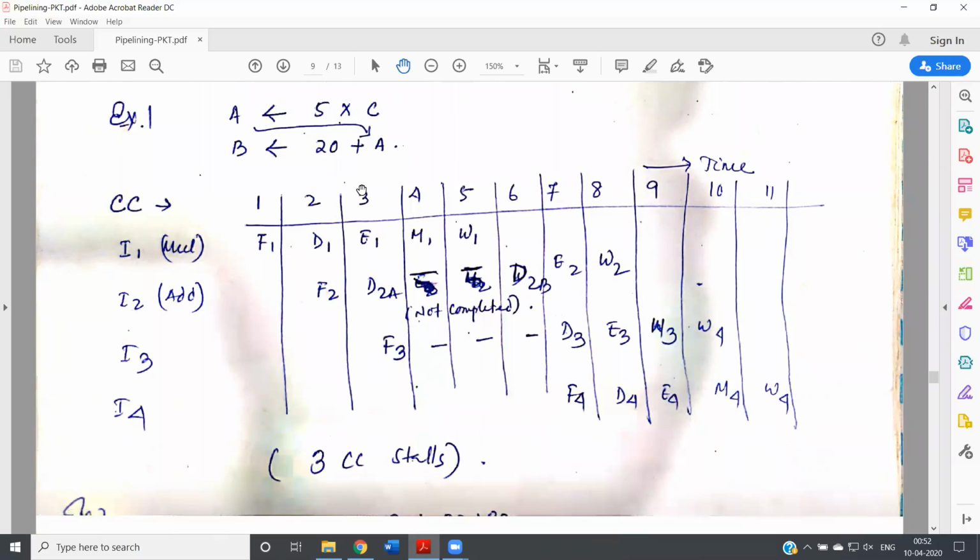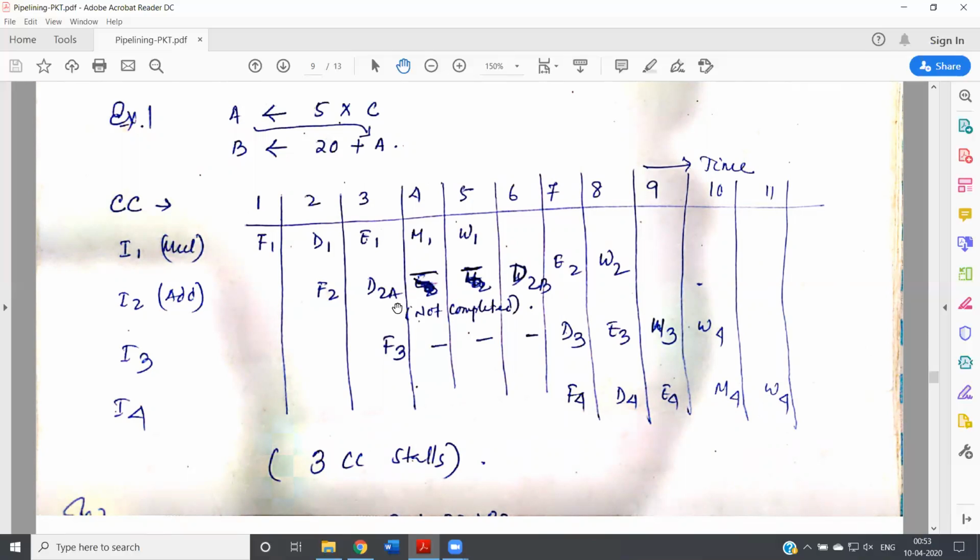Look at this time space diagram: instruction 1 goes through fetch, decode, execute, memory, and write back. Instruction 1 will write into A in the 5th clock cycle. In the meantime, instruction 2 has been fetched, because when instruction 1 is in decode, the second one is fetched. It has gone for decode, but out of the two operands, only 20 is available; the value of A is not available.